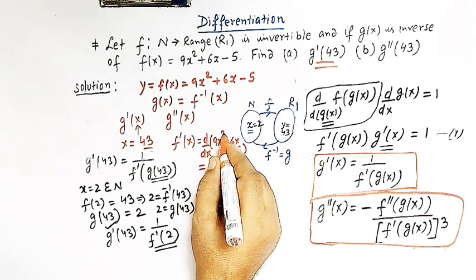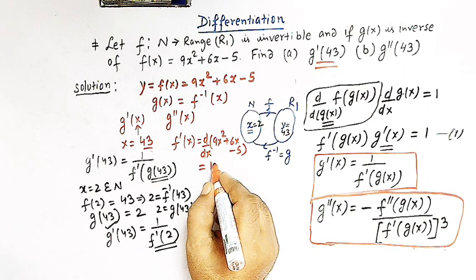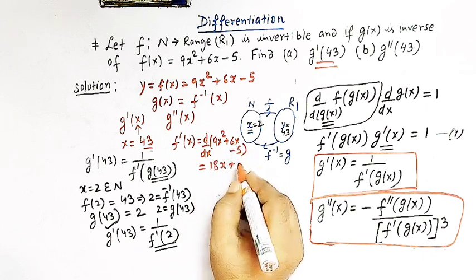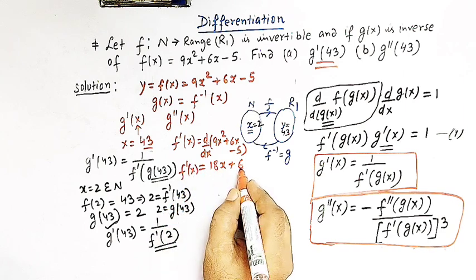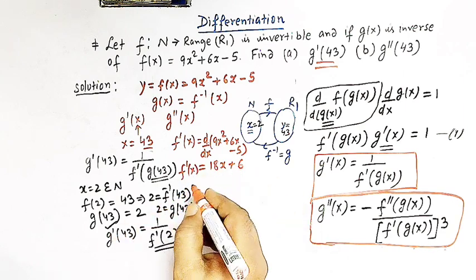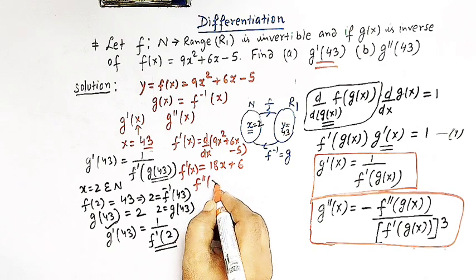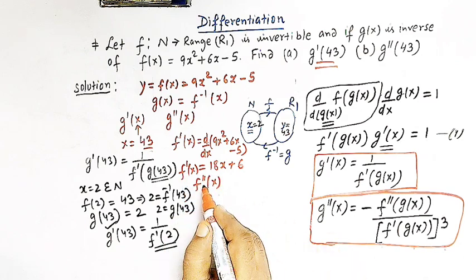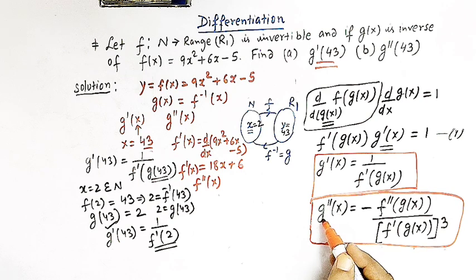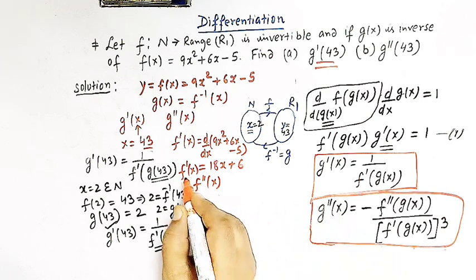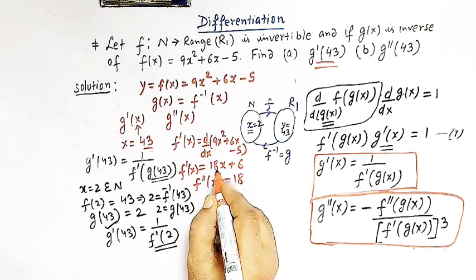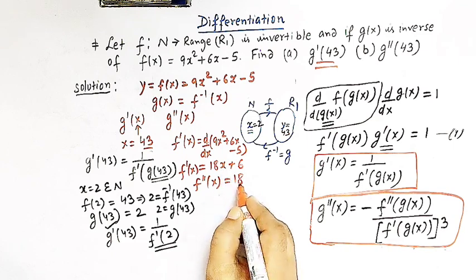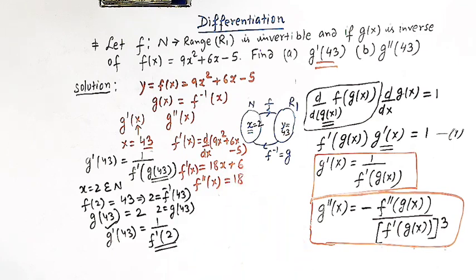The derivative of 9x² is 18x, and here we have simply 6. So f′(x) = 18x + 6, and we can also find the second derivative, because we need the second derivative while finding the second derivative of g(x). So the second derivative of f(x) is simply 18, because the derivative of x is 1 and the derivative of 6 is 0.